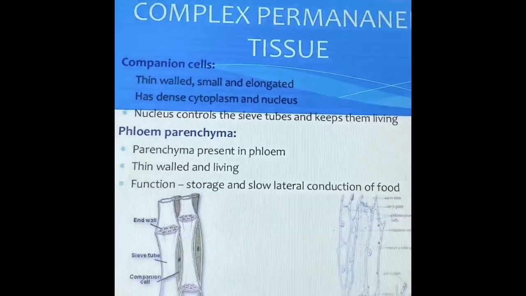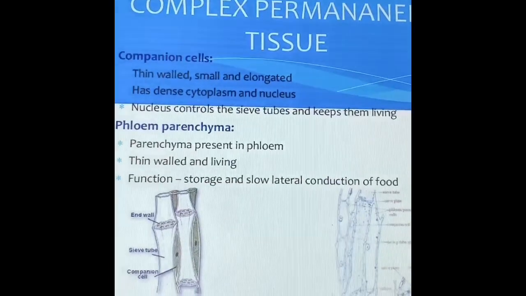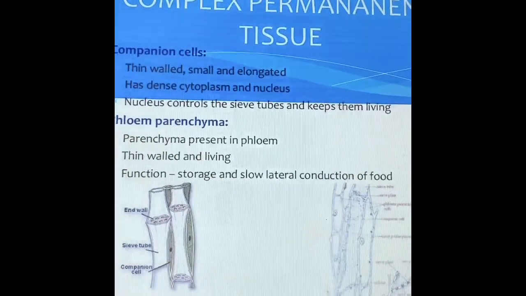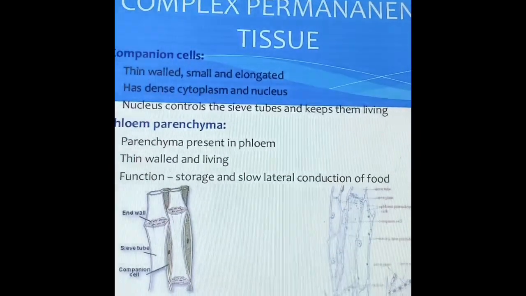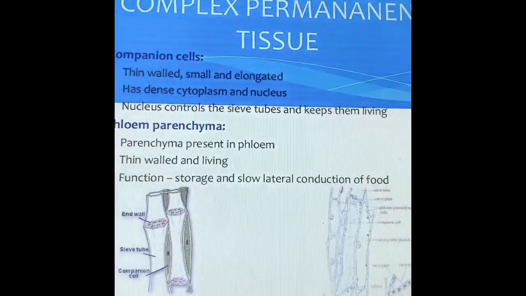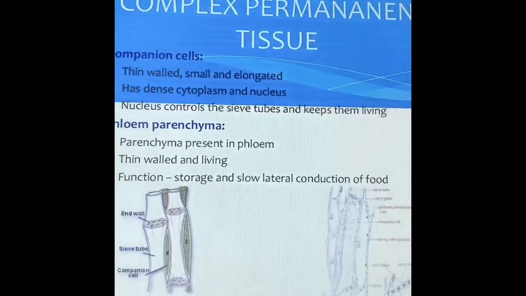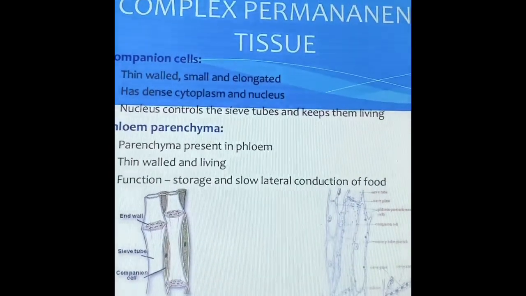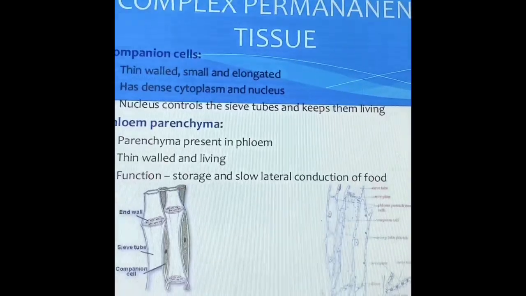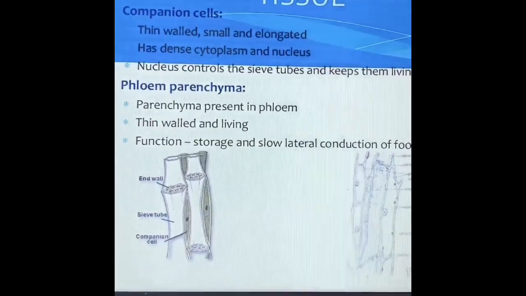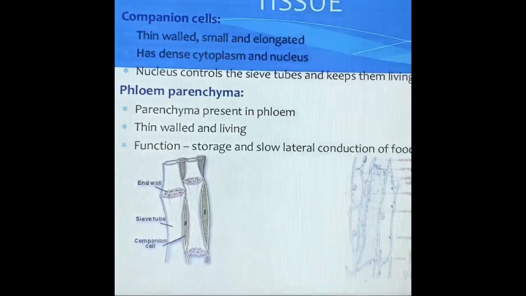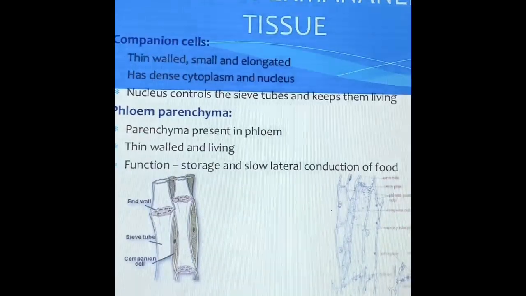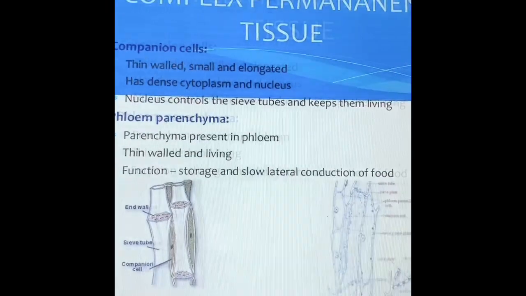So it is the companion cell which gives all types of support, the cytoplasmic and the nucleic support, to the sieve tube cell. So they are associated with the sieve tube cells. You will find them always present along with the sieve tube cell. Even in this picture given below, if you see, the sieve tube and the companion cell, they are all adjacent to each other. Next is the phloem parenchyma.